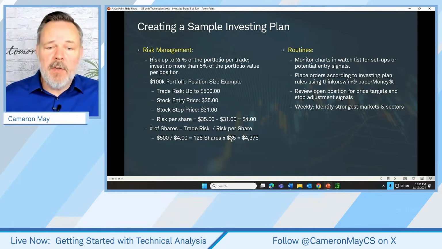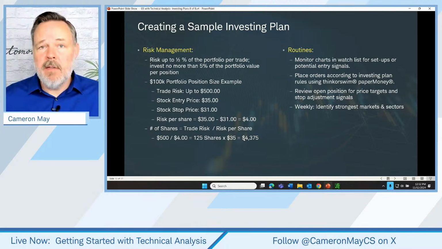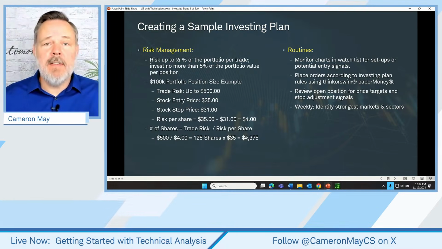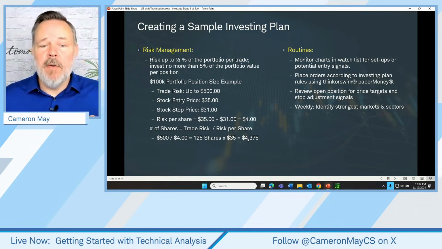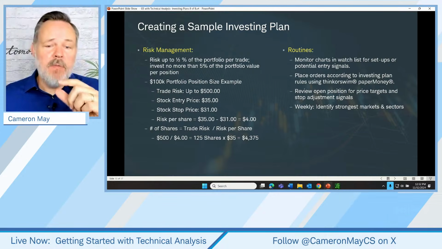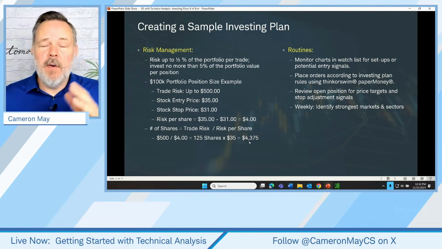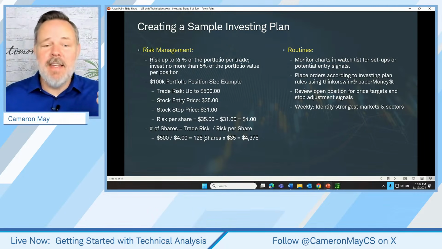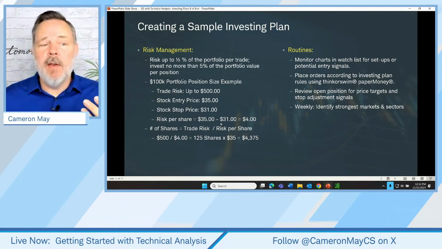If we multiply 125 shares by $35 per share, that would be a $4,375 investment. $4,375 is less than 5% of a $100,000 portfolio. So this would qualify. That would be okay for the amount to be invested, but also we're staying inside the maximum amount of risk.